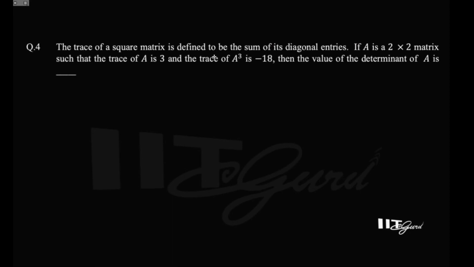The trace of a square matrix is defined as the sum of its diagonal entries. If A is a 2 into 2 matrix such that the trace of A is 3, the trace of A cube is minus 18, then find the value of the determinant of A. So let capital A equal to, you can assume a matrix as it is a 2 by 2 matrix.